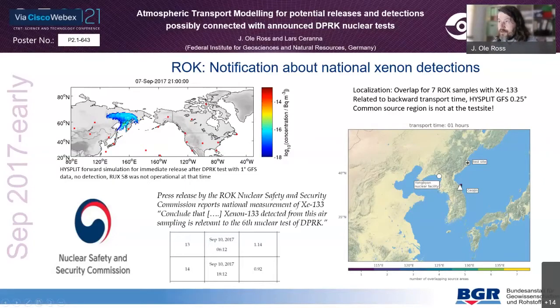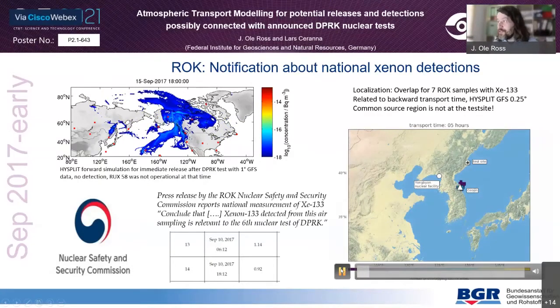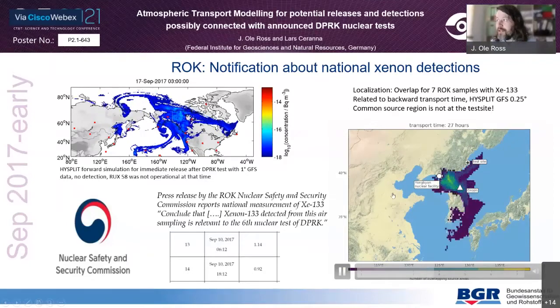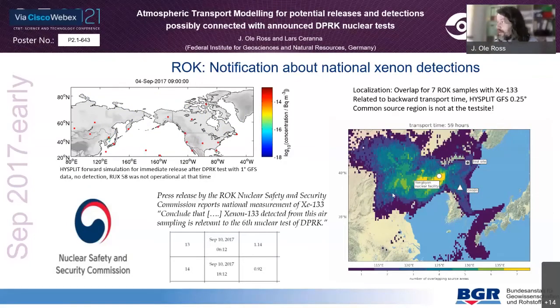For the forecast of a prompt release, we had no detection. But later on, there were national announcements from South Korea that they measured some xenon 133. If we do backward modeling for those and overlap the source regions of the samples, it indicates that there is rather another source than the test site in the source region.